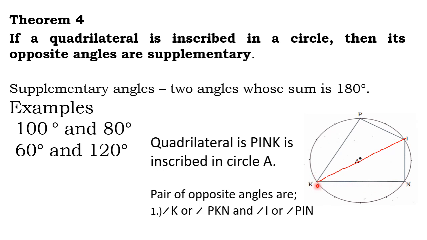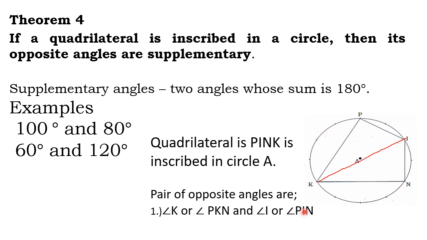Always remember that the vertex is at the center if we're going to name an angle using 3 points. And angle I can also be named as angle PIN, but it cannot be named angle IPN. Always remember that I should always be the center.